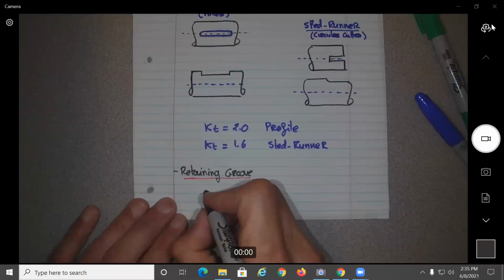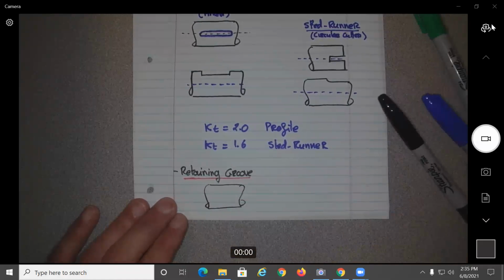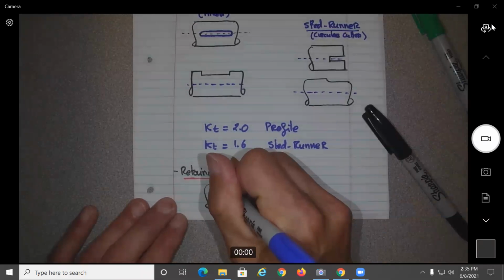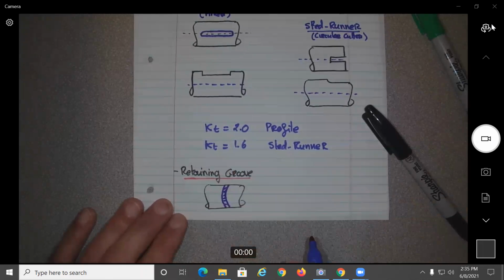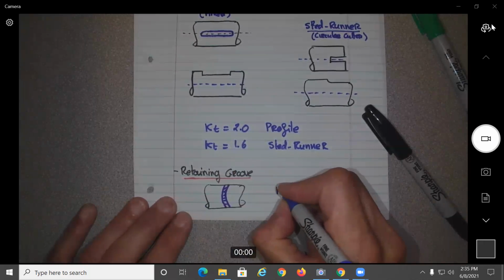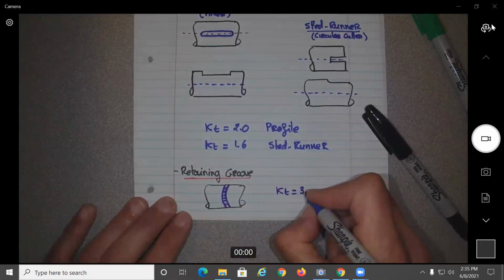This one is just you take some material off all around the shaft where you're going to put your gear. And for this one, we have a KT value of 3.0.